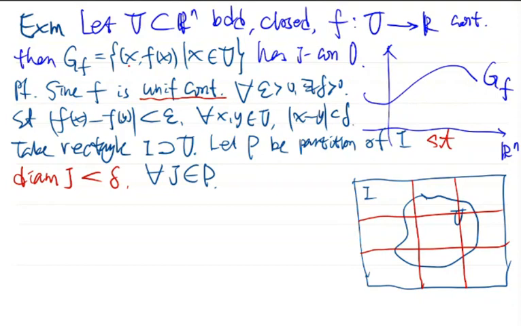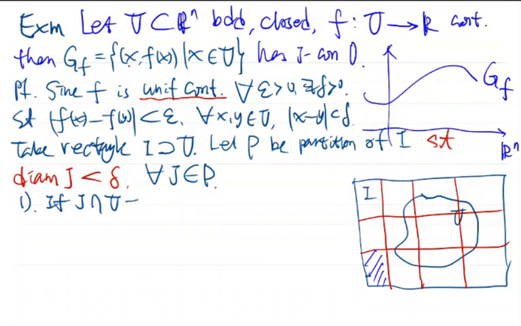Okay, then let's have a look at what happens. Firstly, if the subrectangle has no intersection with U, for example, consider this subrectangle on the lower left corner, which contains no point of U. The intersection with U is empty.